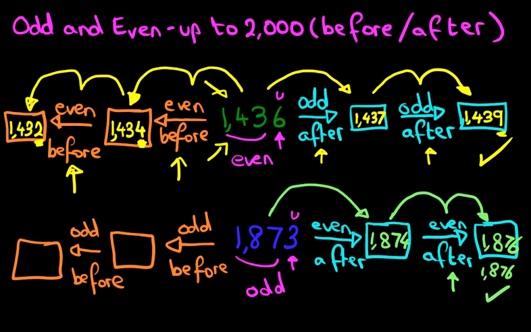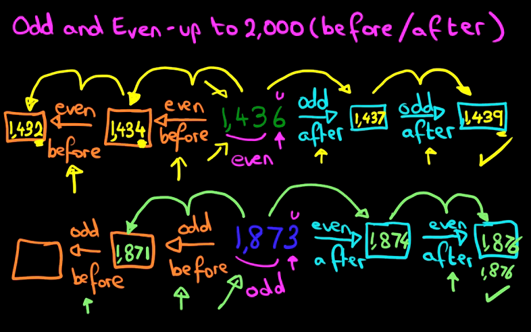Okay, so we've written out the question. How are we going to work it out? Well, we know this is an odd number. We already worked that out. 1873 is an odd number. If we are trying to work out the odd number before it, we simply count back in twos. 1, 2. And therefore, the number is 1871. We've counted back in twos.